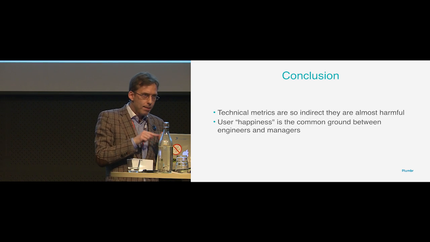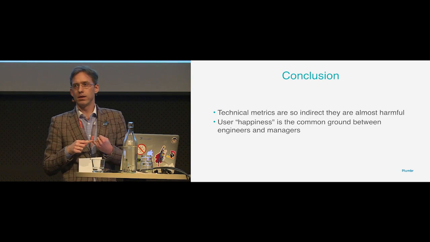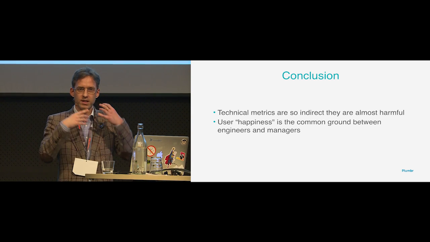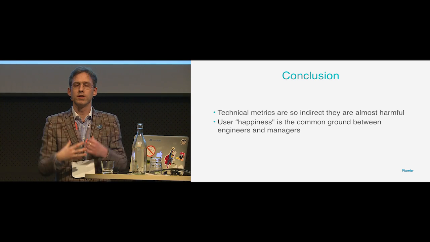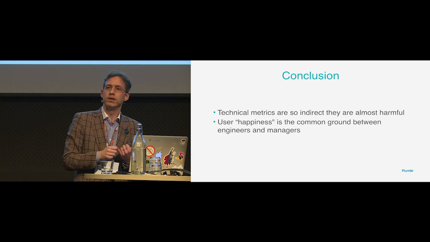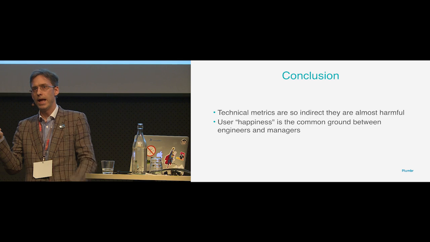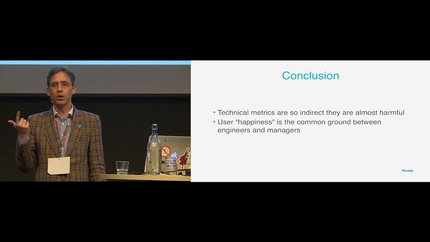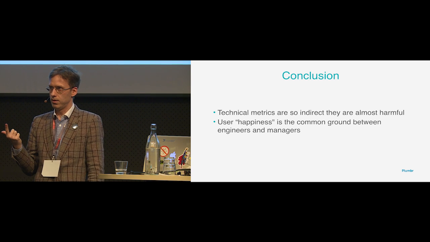But user happiness or user impact, when you measure how these problems affect your real users, gives you the enormous benefit of objectivity and a common vocabulary, a common language to talk to your business people.